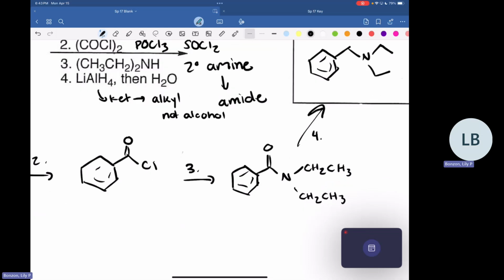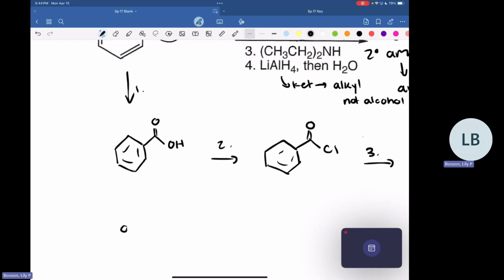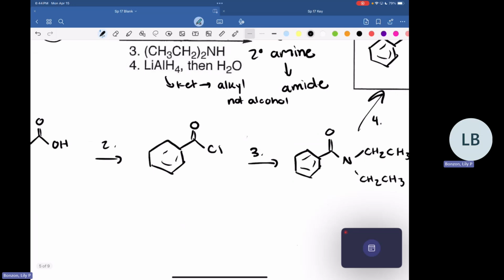The acyl chloride? Yeah. Yes. So the enamine will just be when you have just a regular ketone. In this case, we have an acyl chloride, so it's going to react a little bit differently.